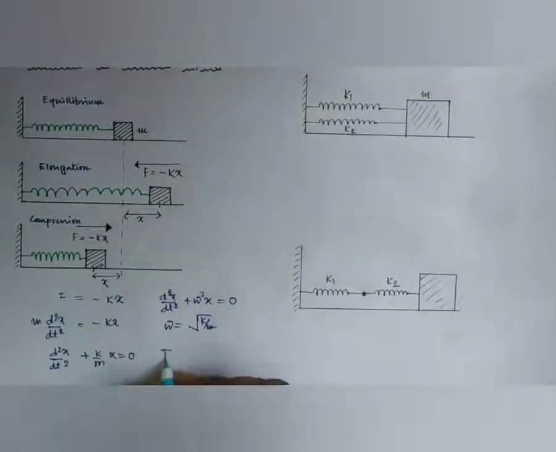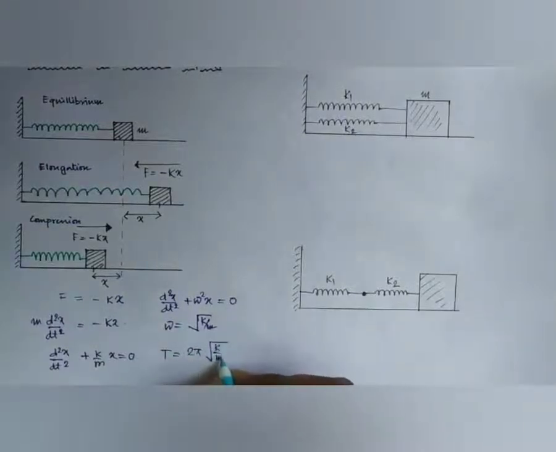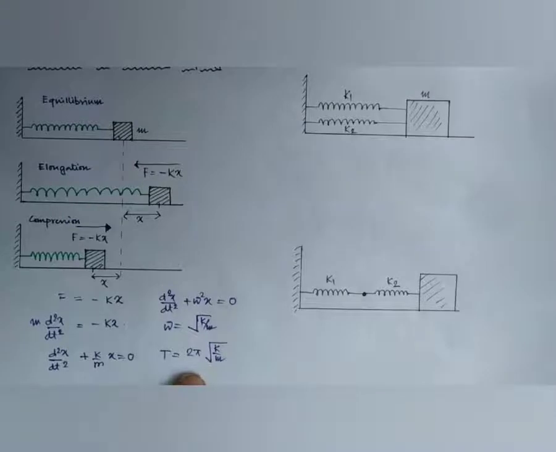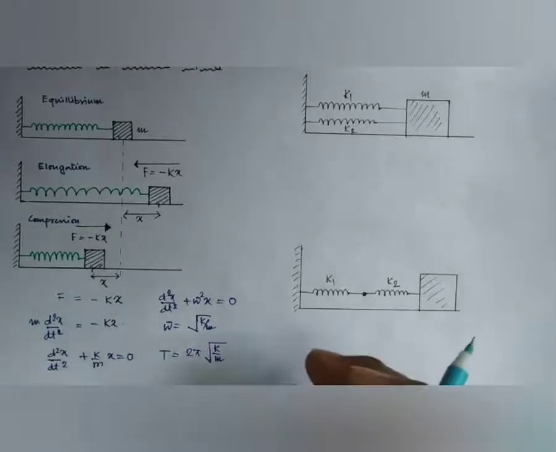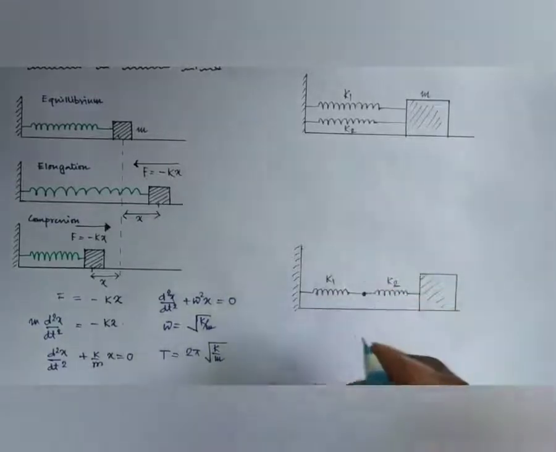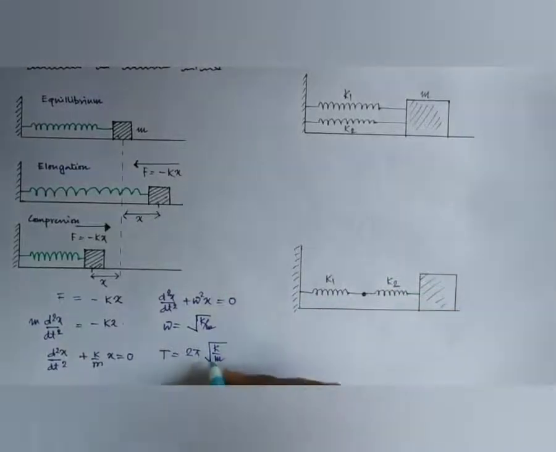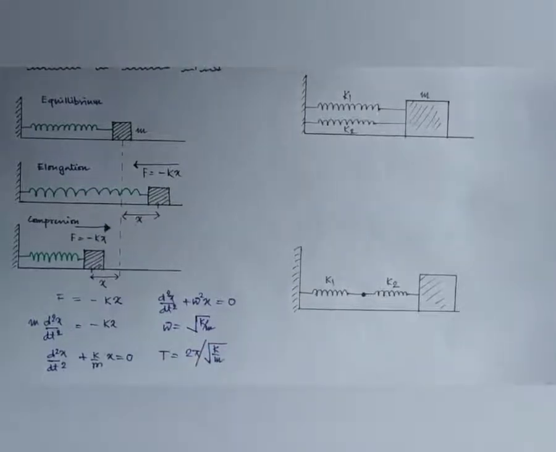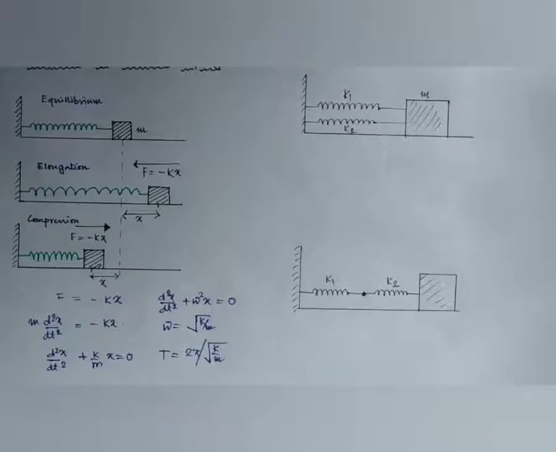Now the time period will be 2π root over m by k. So the motion of a loaded spring about its equilibrium position is simple harmonic in nature, and the angular frequency is given by omega equal to root over k by m, and the time period is 2π root over m by k.